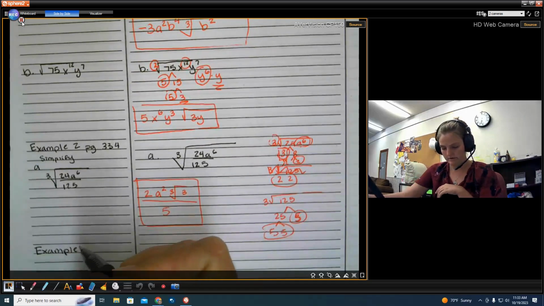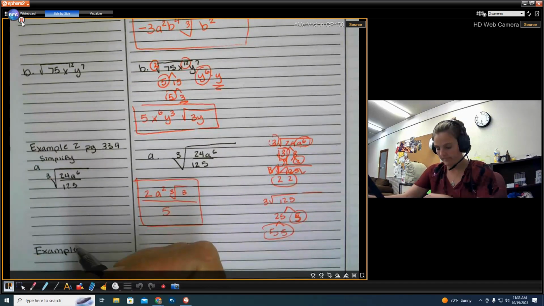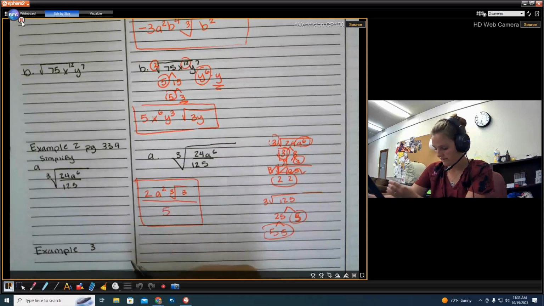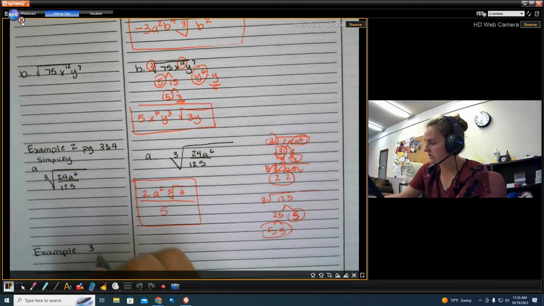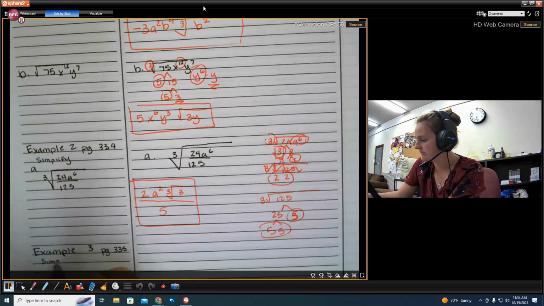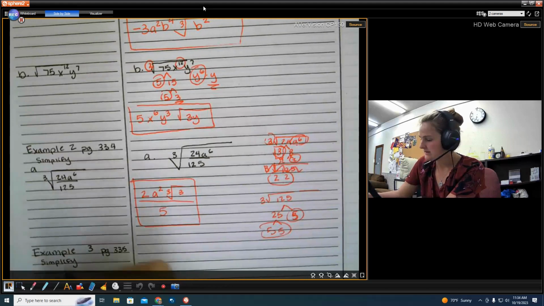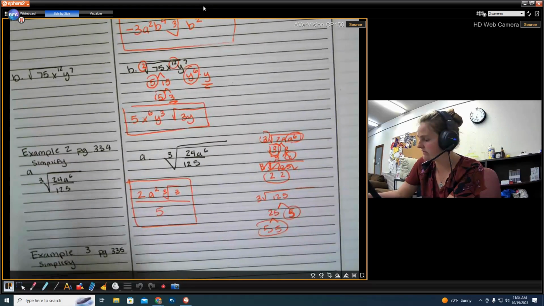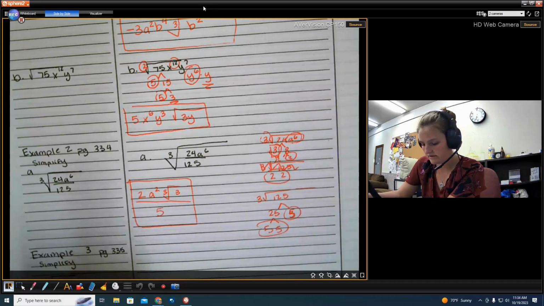Example 3, and this is page 335. So it says simplify 6 radical 45x plus radical 12 minus 3 radical 20x.